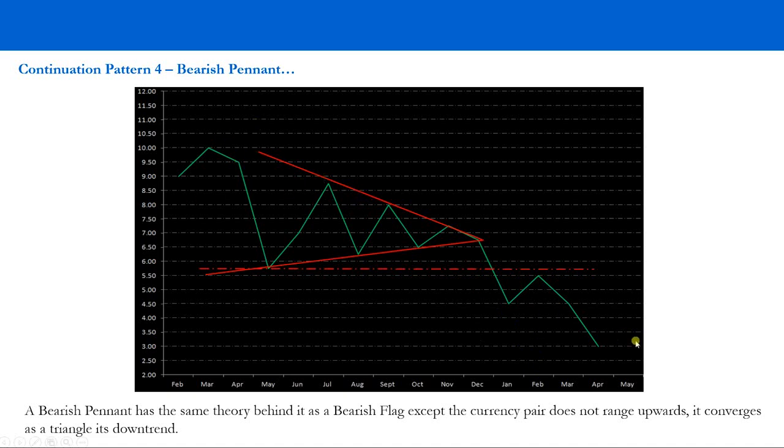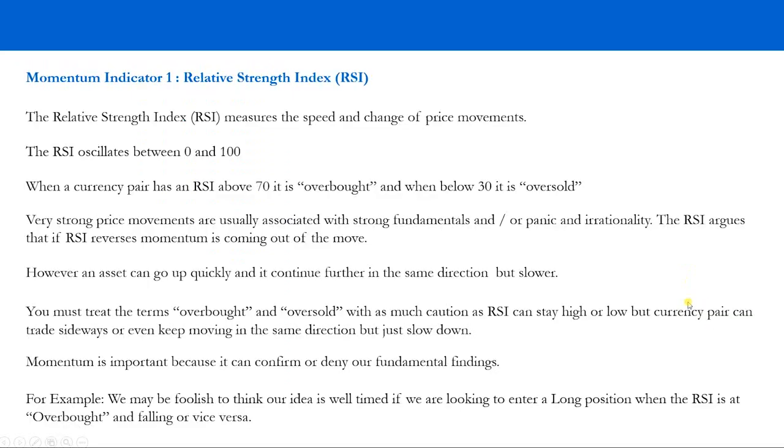So the overall trend is downwards, and we have our two key areas again, the breakdown in this instance from the pennant itself and breaking through the low, the previous low put in when the pennant started. So we have our two areas here, and this either confirms or denies bullish or bearish fundamental predispositions. So we treat it exactly the same as a bullish flag. It just looks slightly different.